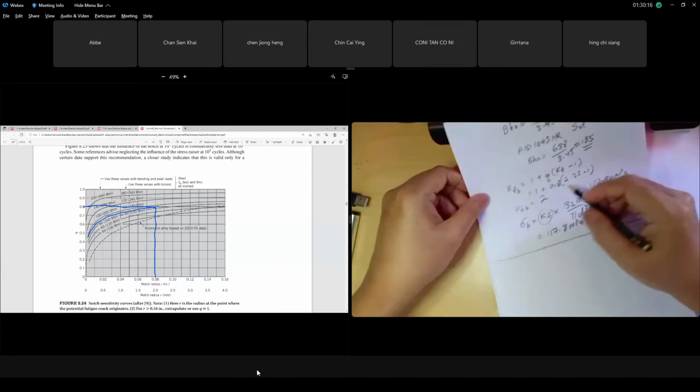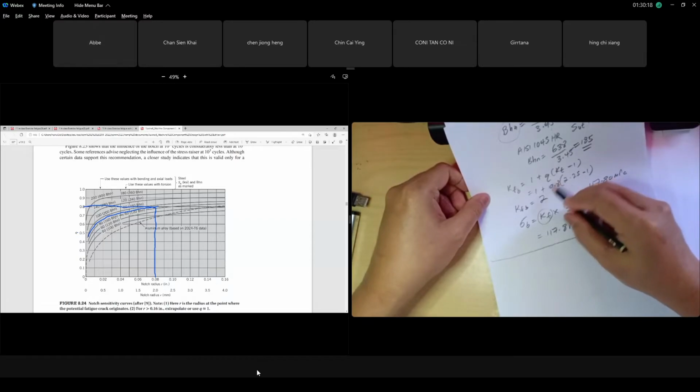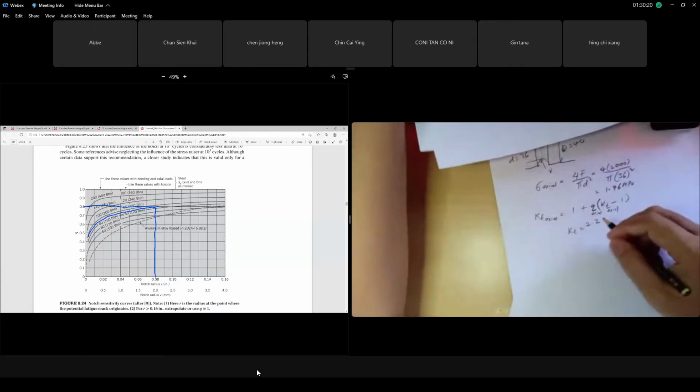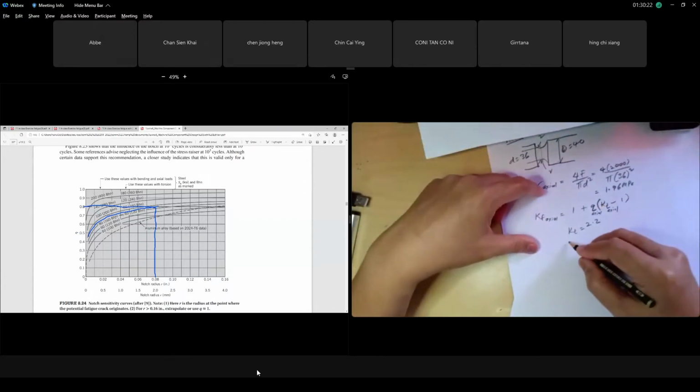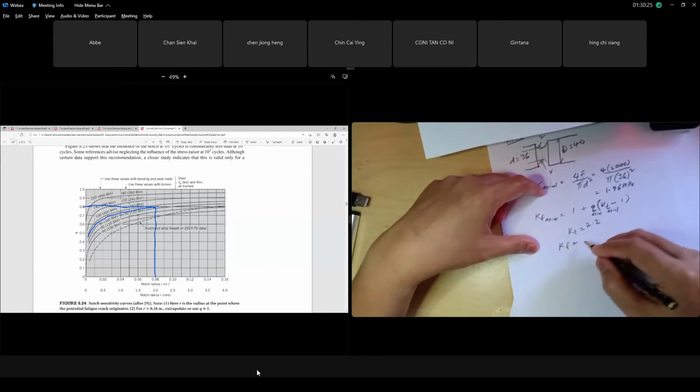Boleh. Q is the same. Pasal bending axial Q is the same. So your Q ni is still 0.8 lah. So your KF equal to 0.8 times 2.2 minus 1, plus 1. So your KF is, kalau you look on the solution, your KF to the give is apa?